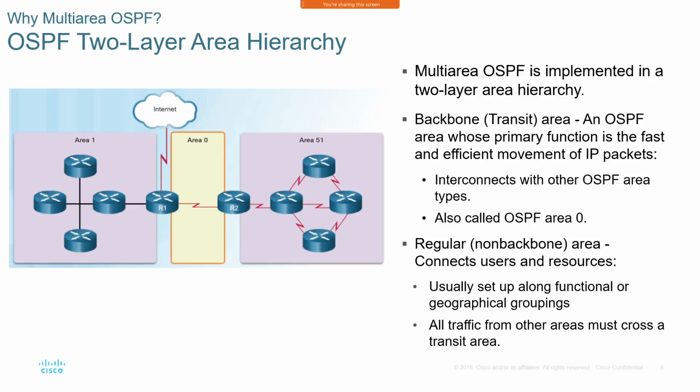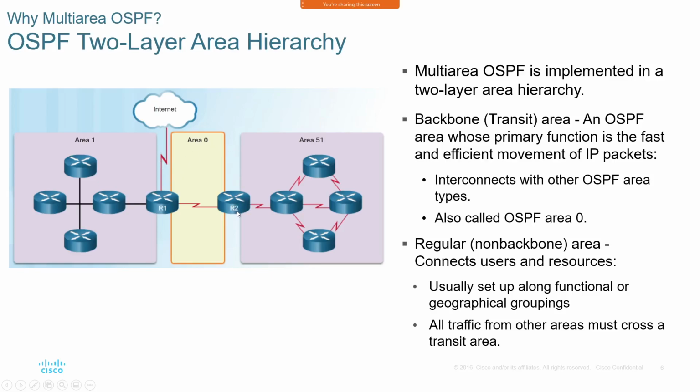Now, in terms of terminology for the routers, there's a special name for the routers in OSPF. The router that connects different areas and has one of its interfaces connected to area 0 is known as the area border router, because it sits right on the border of different areas.